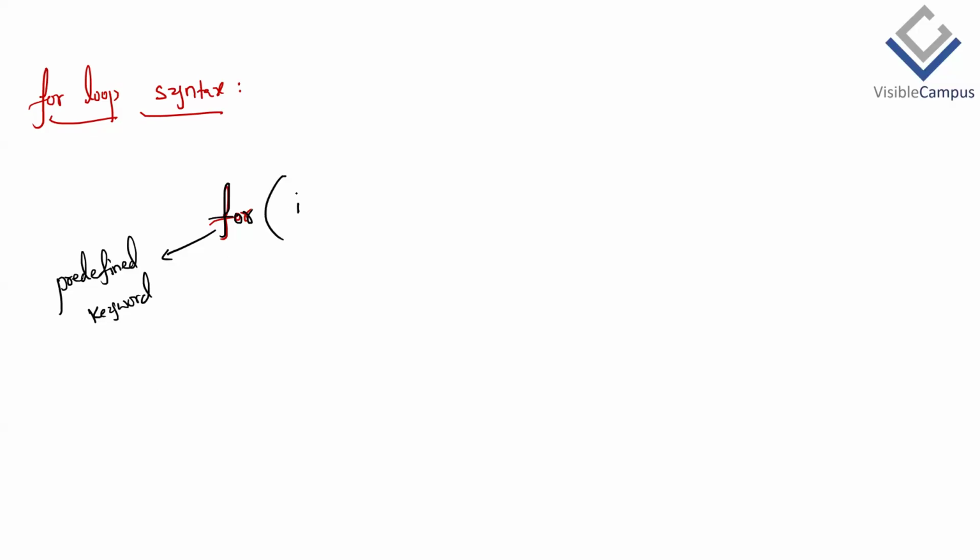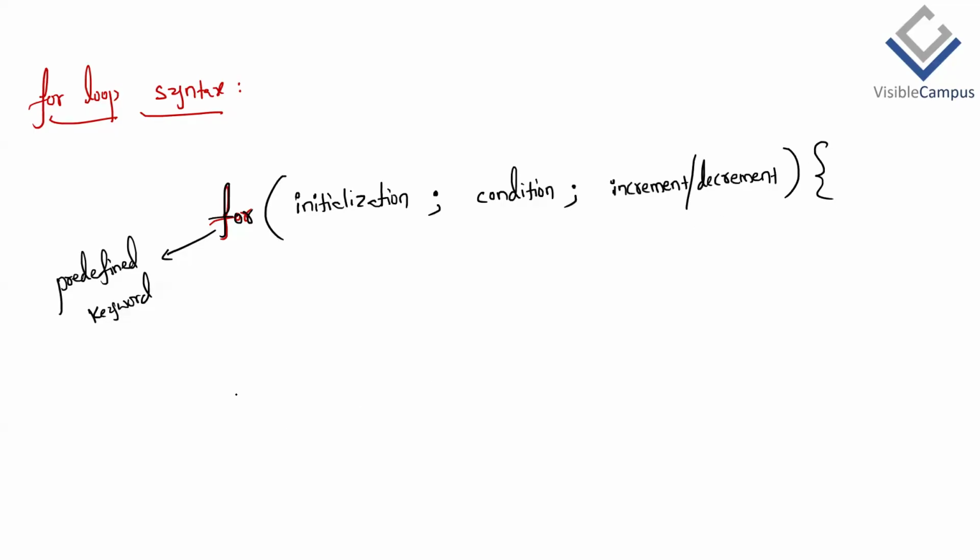Here initialization. Then semicolon is a part of the syntax. The next, condition. Then semicolon. Then increment or decrement, any one only, not both. Then close the parenthesis. Then open and close curly braces for the loop body, where any meaningful Java code goes. So this is the for loop syntax.